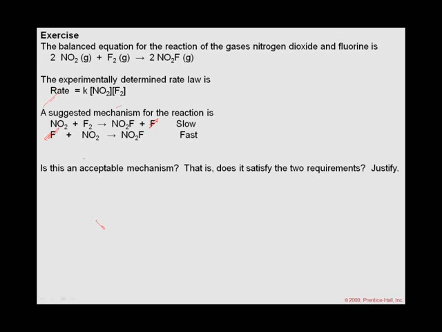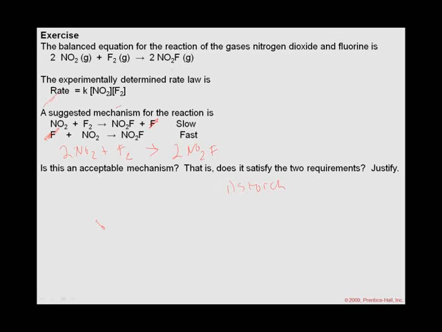It doesn't look like there's any other intermediate, so I'm left with 2NO2 plus F2 gives me 2NO2F. Okay, so let's see if that matches stoichiometry. Yes, that matches. So it has met the first requirement, stoichiometry.